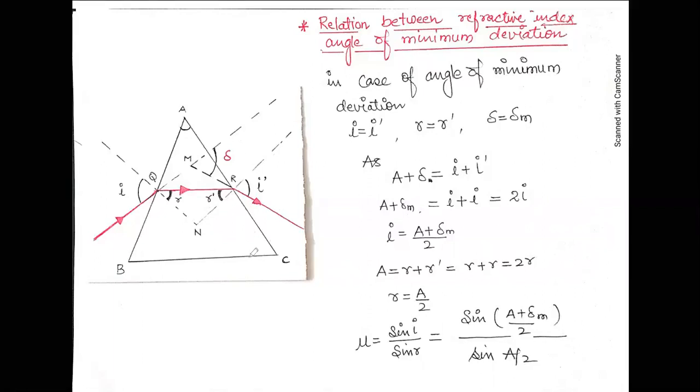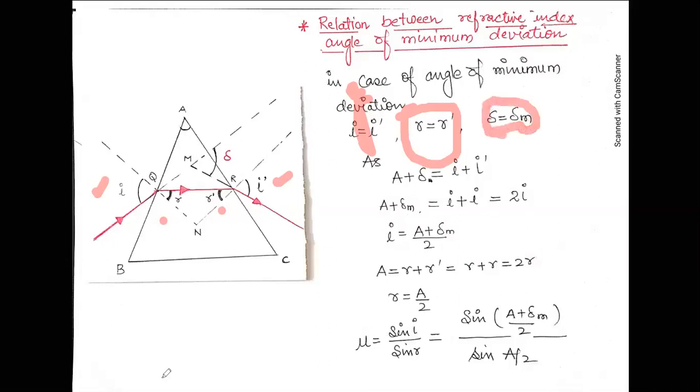Now we have a condition here: if I equals I dash, in that case R equals R dash. When I equals I dash and R equals R dash, the angle of deviation becomes the angle of minimum deviation. It is given by this.